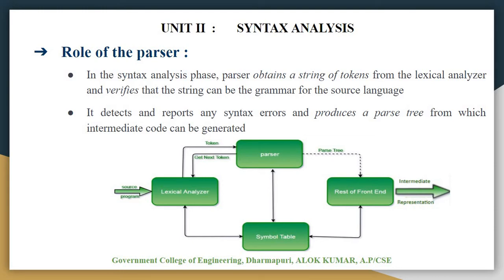Basically the parser takes tokens from the lexical analyzer when it is in need of a token, and in this phase it detects and reports any syntax error and produces a parse tree from which intermediate code can be generated. After that, the parser generates the parse tree, and this parse tree will work as input for the next phase.